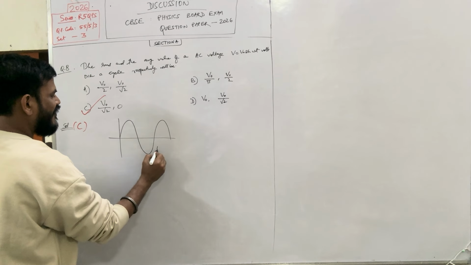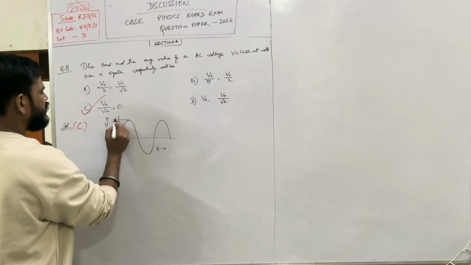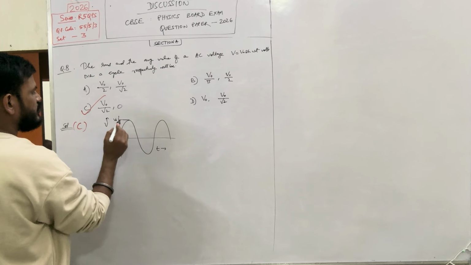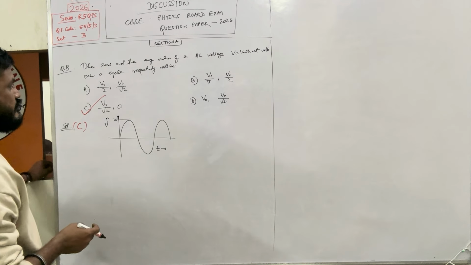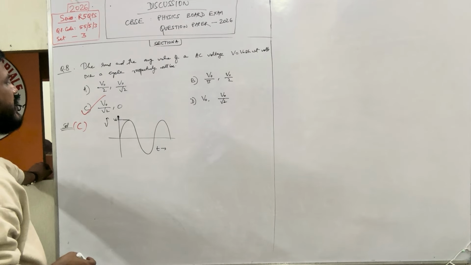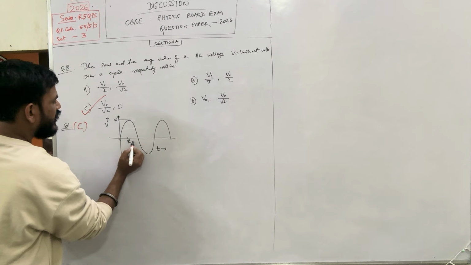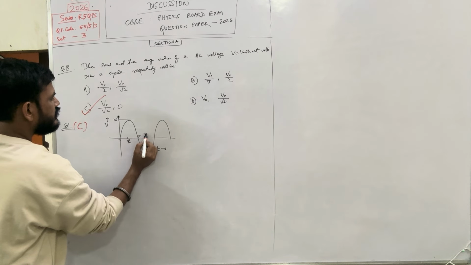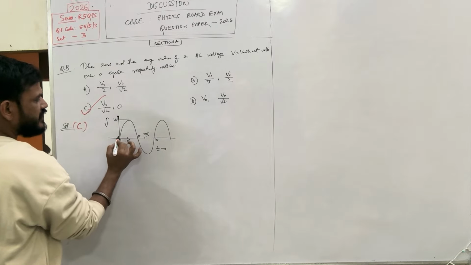This is T and you have V. This point is V naught. We want to find the average value over a cycle. So over a cycle means 0, pi by 2, pi, 3 pi by 2, 2 pi. So this is a cycle.